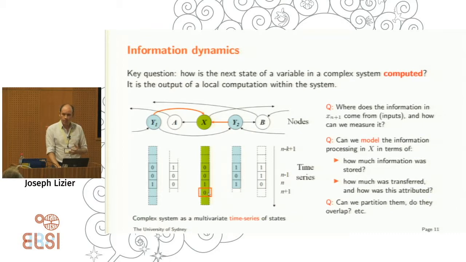How can we model that computation? How can we model it specifically in terms of how much information that was stored in the past of the variable that was used in the computation of the update there, how much was transferred from other sources, and how can we partition those operations, and so on.